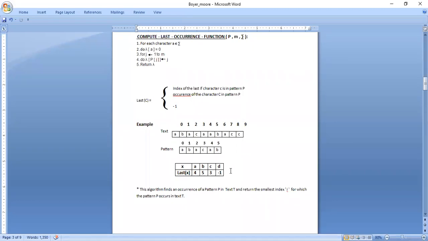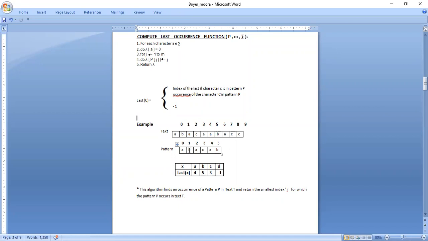What is that value? How do we find it? We find last of character C as the index of the last occurrence of the character C in the pattern P. That means at what index that character exists last.